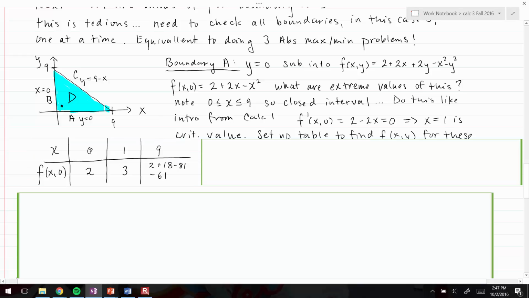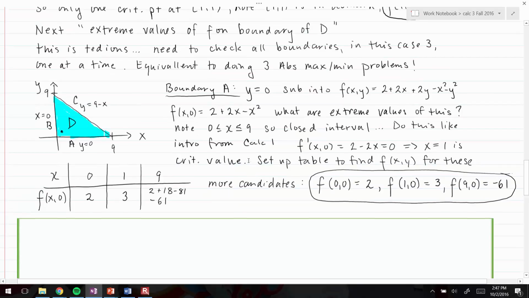At this stage I put 0, 1, 9 into the function one at a time to figure out what the values are. Because we set y equals 0 initially, these are the elevations, and they are candidates for the overall extreme values of this multivariate function on this domain.